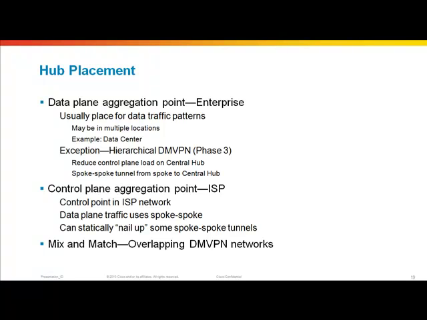So I can actually layer multiple DMVPNs right on top of each other that are a little bit different. Maybe hubs in slightly different locations. Maybe one of the DMVPNs is hub and spoke only for a particular purpose, but I layer another one on the same nodes that does spoke to spoke. I can do many different options that way. I can mix and match the DMVPN network types.